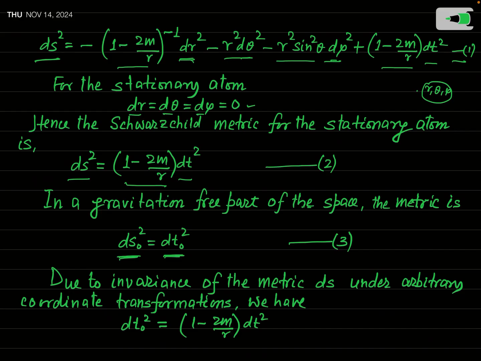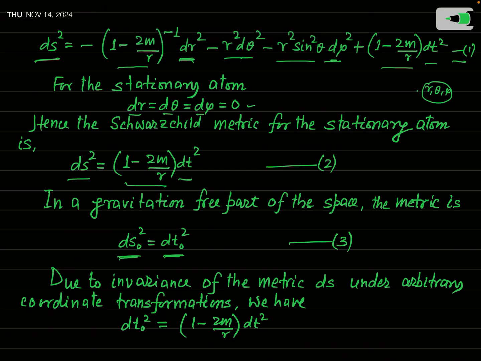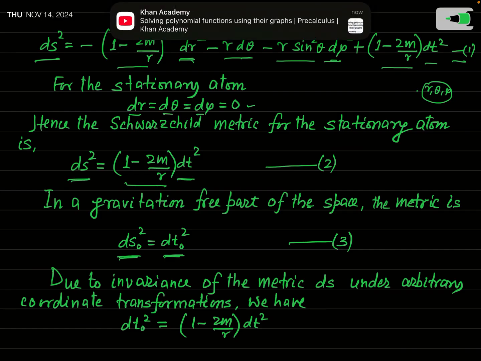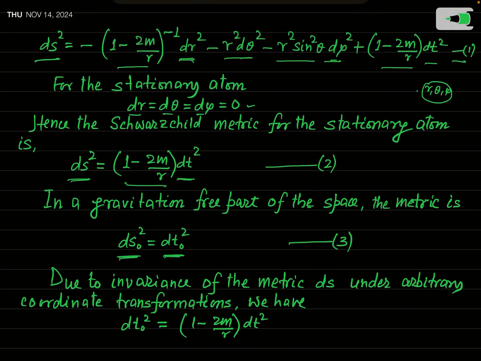Because if you talk about the gravity free space, it means you are considering that there is no gravitating mass which produces the gravitational field, and in that condition this m will be 0, and if m is 0, then ds square will be simply equal to dt square. But we are talking about the gravitation free part of a space, so we denote it by ds naught and dt naught.